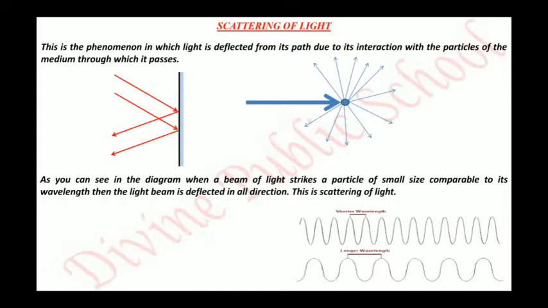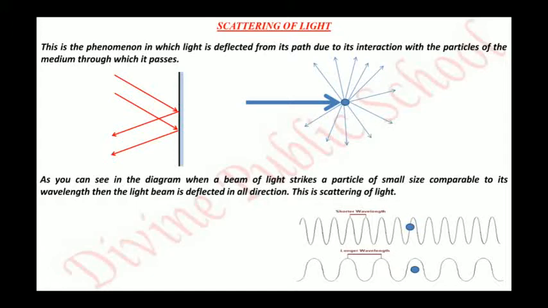If we take a scatterer, meaning the particle which scatters the light, then there are chances that the longer wavelength light may jump over the particle and not get scattered. Whereas for smaller wavelength, the light will not jump over the particle, it will get scattered because the light will surely hit the particle.